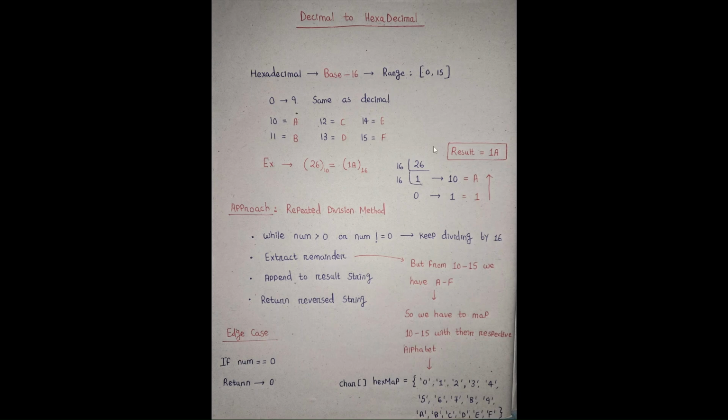Getting my point? When we get 10, we don't append 10 to the result. We append what is present at the 10th index of this hex map. After 9, we have the 10th index, so we have A over here. So we append the hex map's 10th character to the result string. I hope you are getting my point.